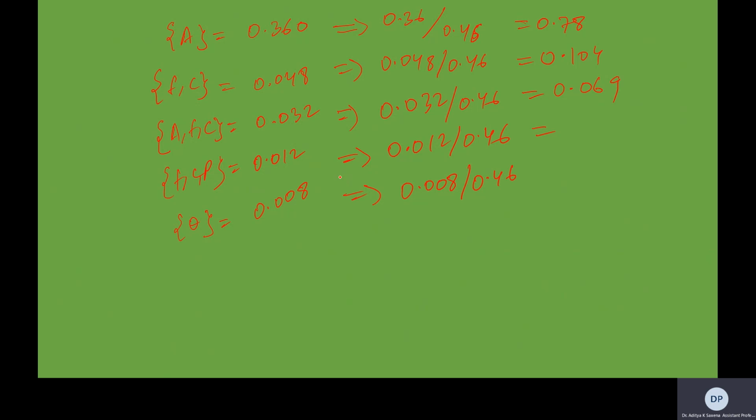My calculator is slow. And 0.008 divided by 0.46 is around 0.017. Since we are not at all concerned with singletons, this is called normalization of values.